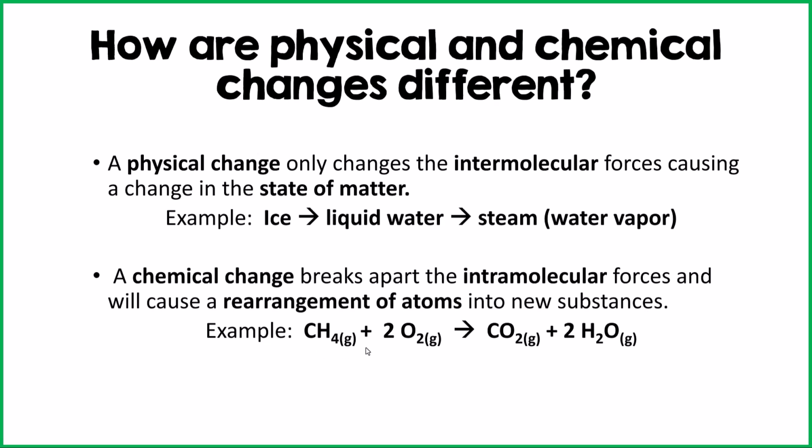Methane gas and oxygen gas create a chemical reaction in which these atoms are being rearranged. So the carbon and the hydrogen here are no longer going to be bonded together. And the oxygen atoms here are no longer going to be bonded together. And therefore we create new substances of carbon dioxide and water. So our products here at the end of this chemical reaction are quite different than the reactants going into that chemical reaction.